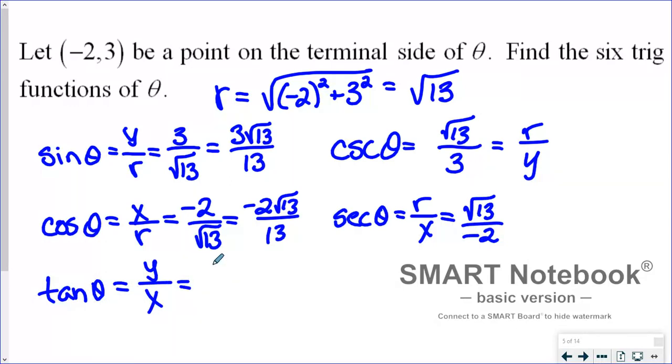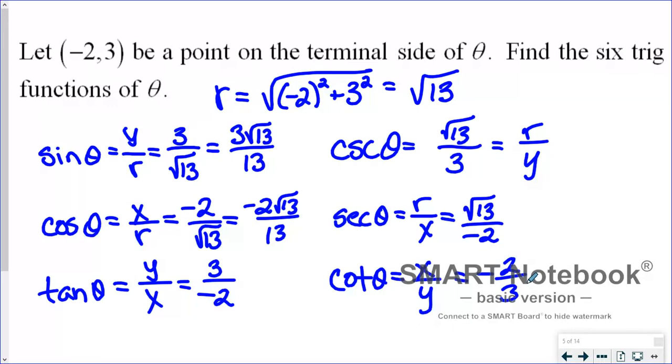So in this case, that would be 3 over -2. And of course, cotangent is the reciprocal of that, so x over y, so -2/3. And that's it. All right, pretty straightforward, pretty easy.